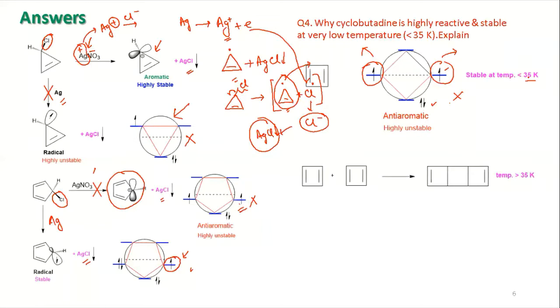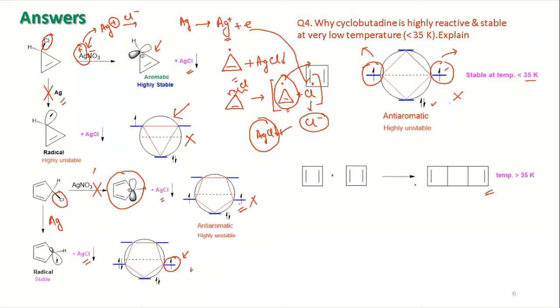Now what it will do, it will do a reaction. So two molecules will react to produce this as the product. Now can you tell me what the reaction is? Do you know this reaction? What type of reaction is this? Who can tell?